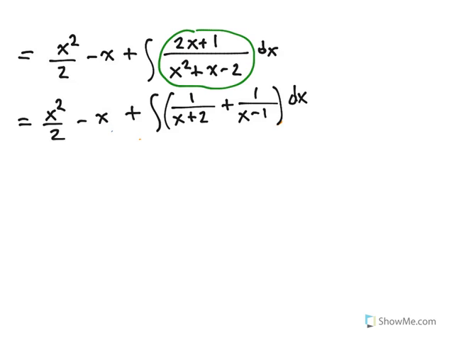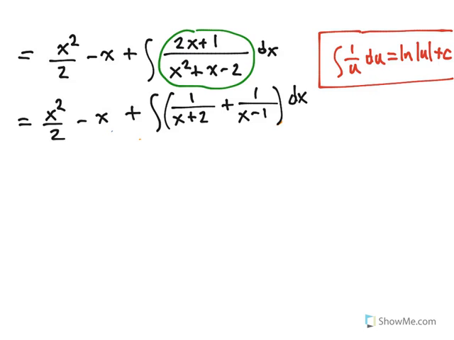And now we're going to use the log rule for integration to integrate. And remember the log rule of integration. Sometimes you need to do a u-substitution, and sometimes you might be able to do it mentally.